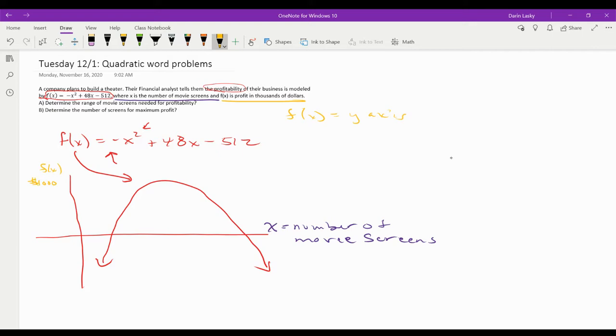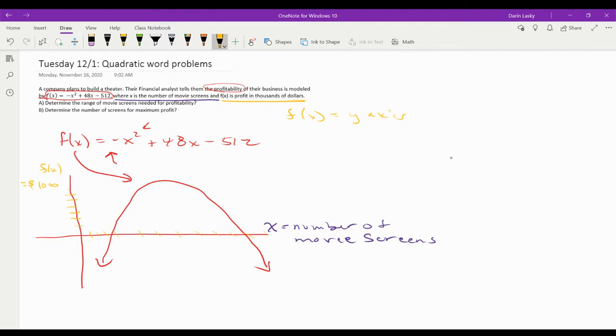Let's just put a dollar sign right there. So the y-axis here, every tick mark is worth $1,000, let's say. And as we go across here, every tick mark is worth the number of movie screens. That's all they really have us going for right here.